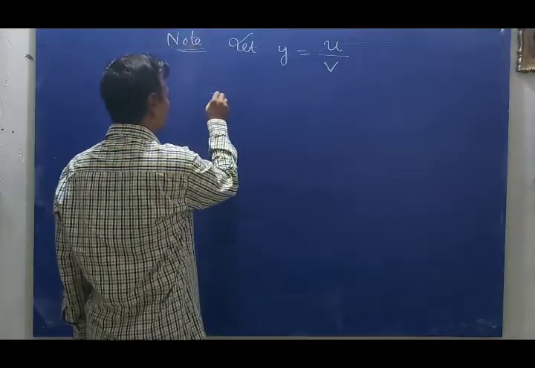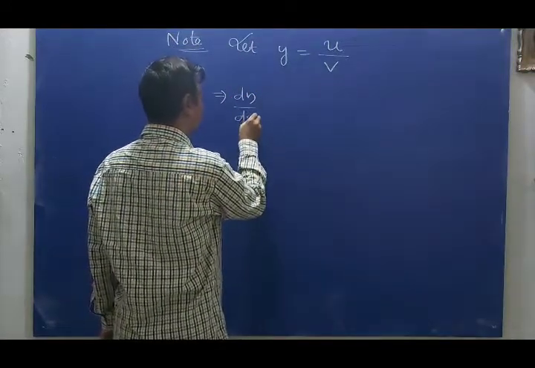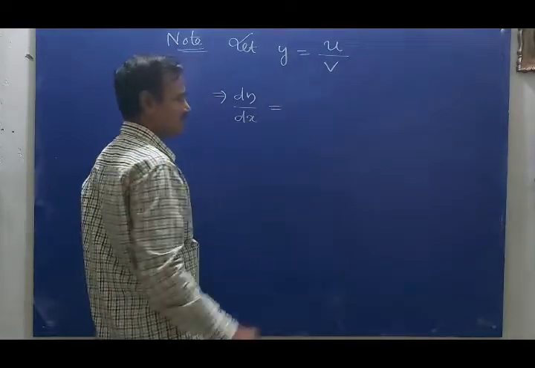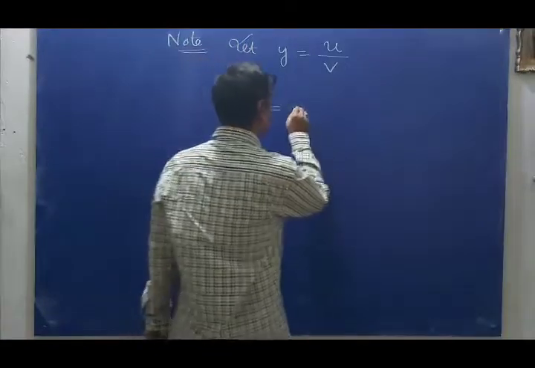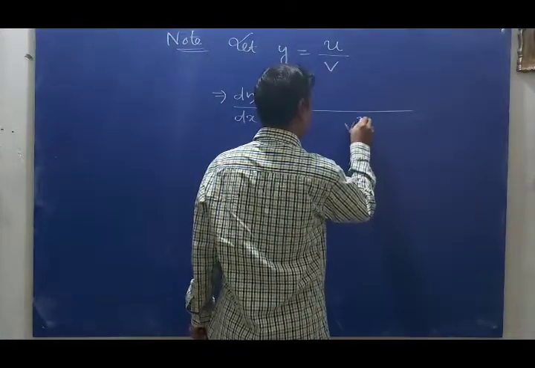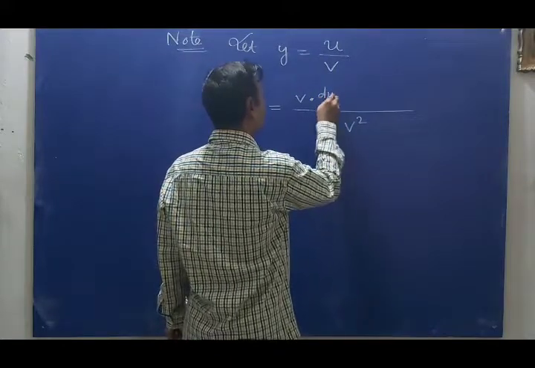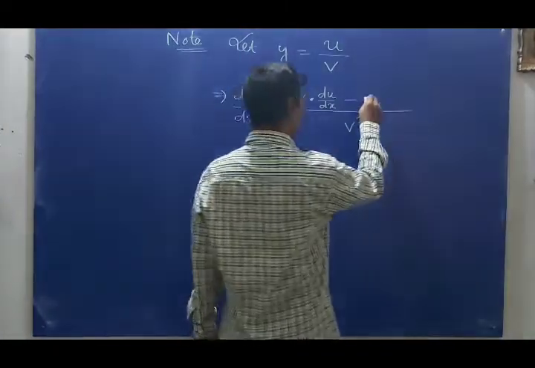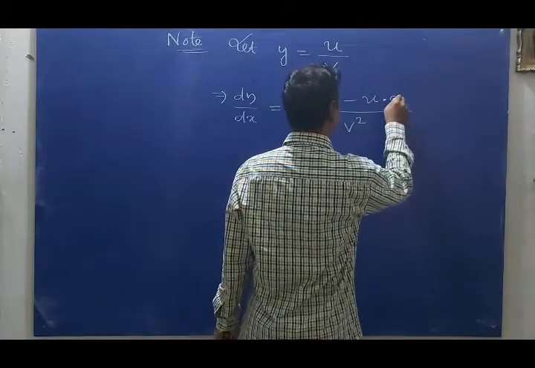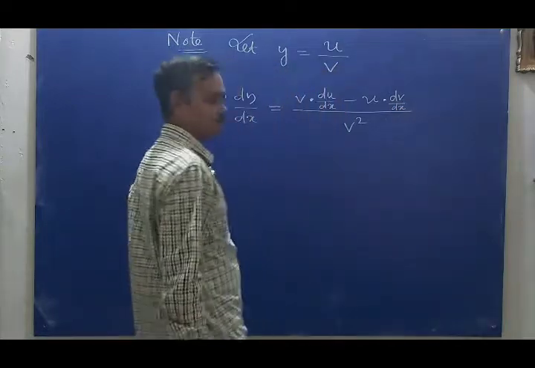So this implies dy by dx is defined as v square in the denominator, and in the numerator v into the derivative of u, du by dx, minus u into the derivative of v. Simple formula.